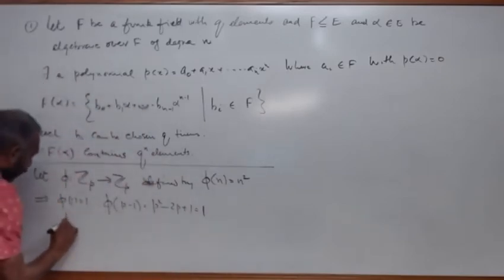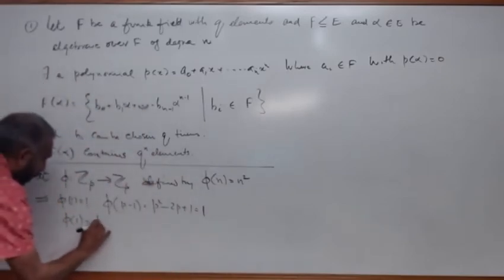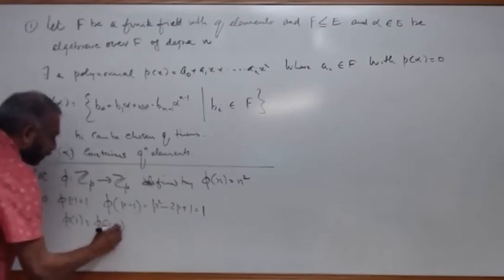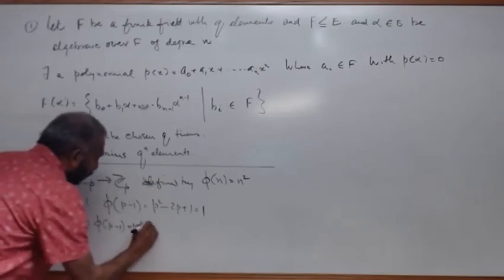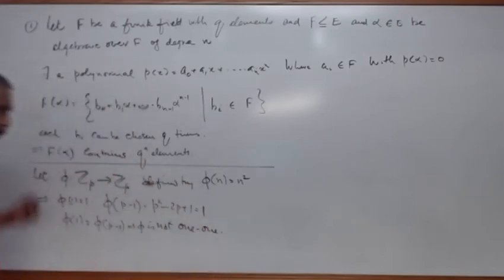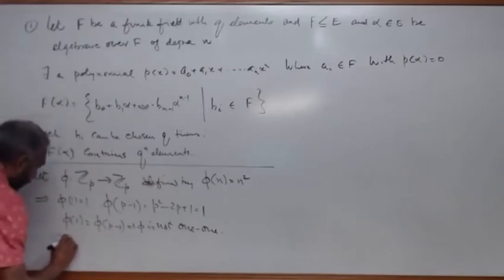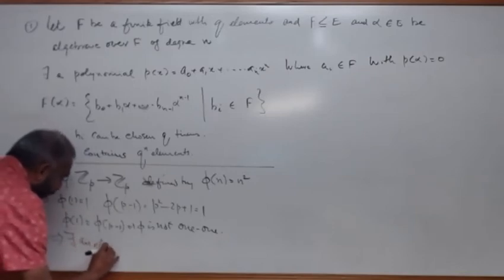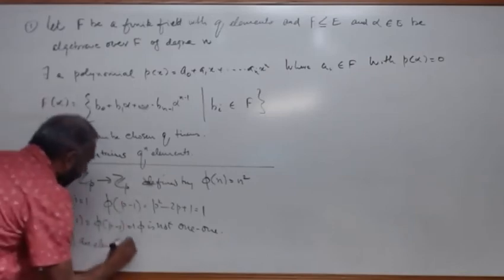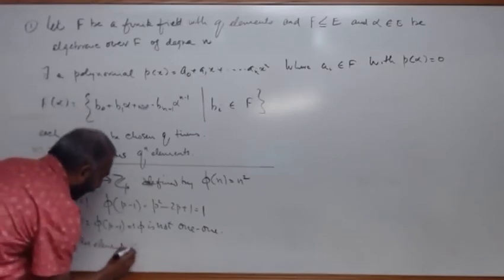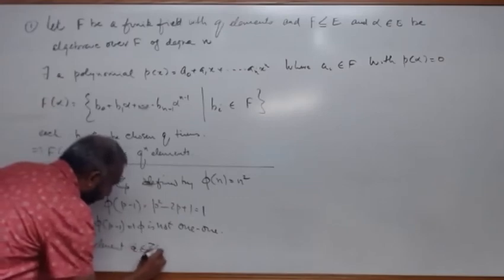So phi of 1 is equal to phi of p minus 1. That means phi is not one-to-one. And that means there exists an element, let's say a in Zp.